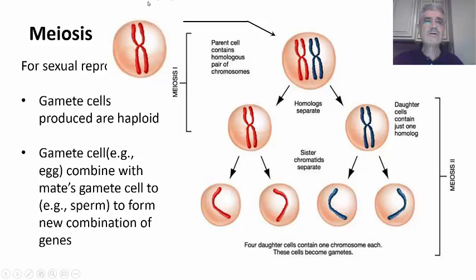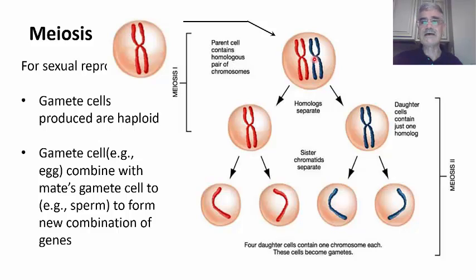First, if we show an original cell that has only 1 pair of chromosomes, just to make the graphic simpler, it first has to double, that is, replicate those chromosomes, so that now there are 2 copies of this pair of chromosomes, and we've color-coded them red and blue so that you can tell them apart.